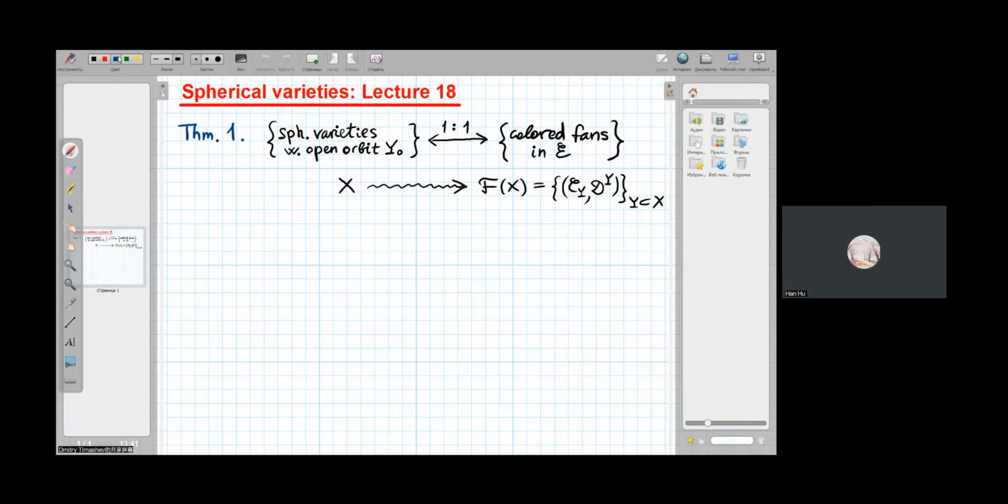This is the definition of the colored fan, and we have proved by lemmas 2, 3, 4 at the previous lecture that the collection of colored cones associated with X satisfies the definition of the colored fan. Now we want to prove that this correspondence is bijective. So let me turn to the proof of the theorem.